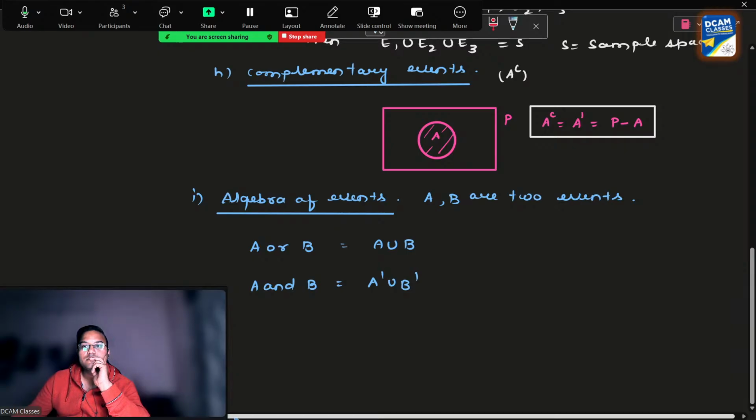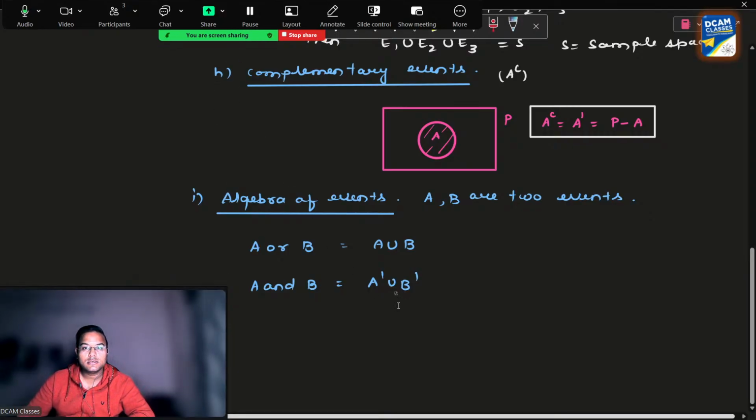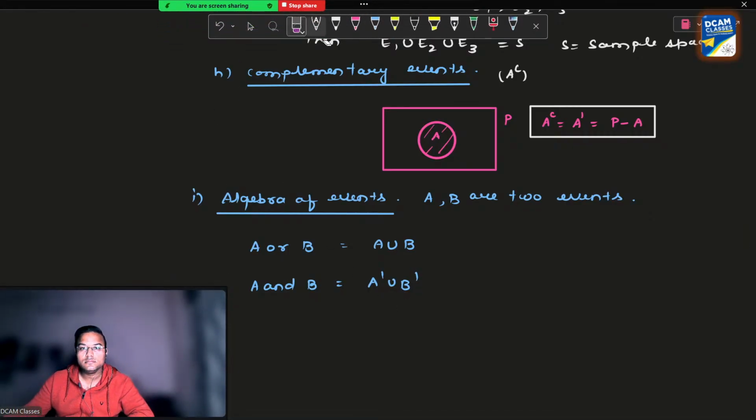It is A union B whole bar, or A dash intersection B dash. That is the A and B.